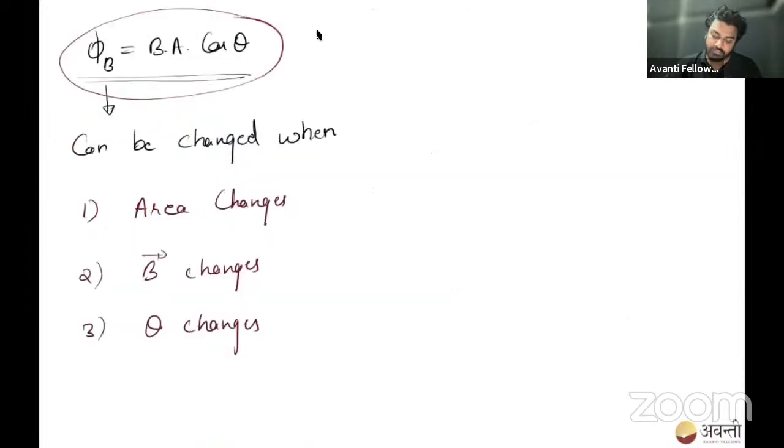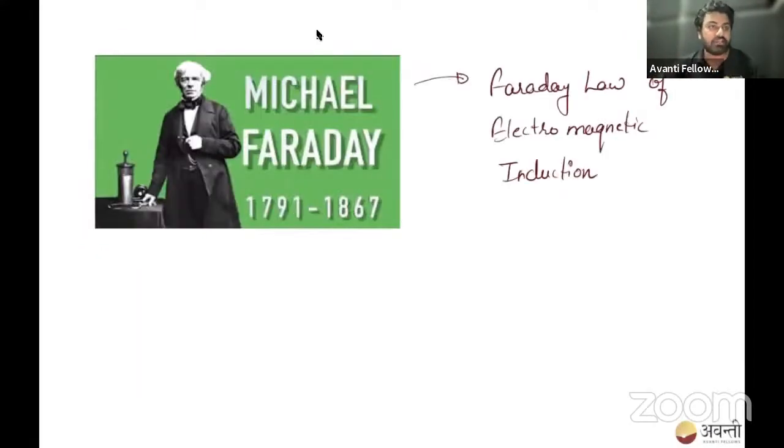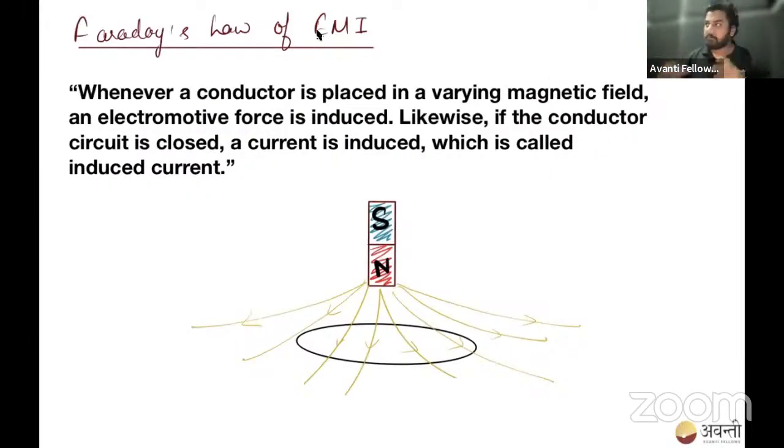Then there was a need to change this magnetic flux, which was observed by Faraday. Faraday said that if you change magnetic flux, some induced EMF will be there, and if that circuit is closed, then you will get induced current. This completely changed things; the machines we use now are based on Faraday's laws, and the invention of the motor happened there.